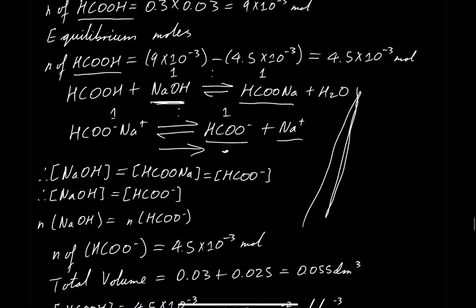So this is meant to be one of those graphs where we have a weak acid, strong base. Let's just say the 7 mark is here, right?